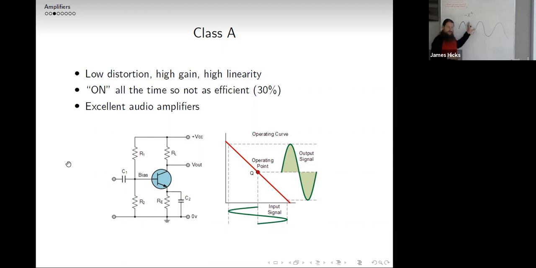So, the benefit of class A is they're very linear. That's what makes them really good for audio amplifiers. Linear, they don't have a lot of distortion.